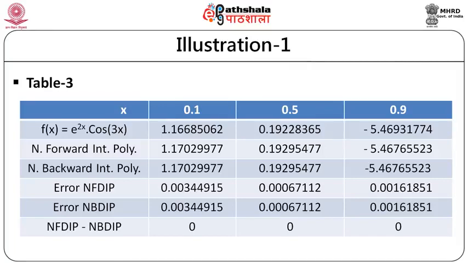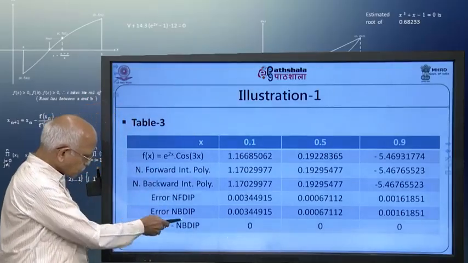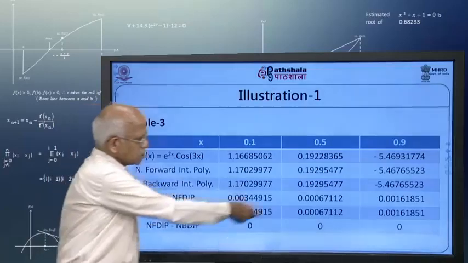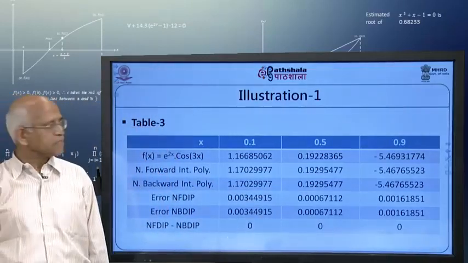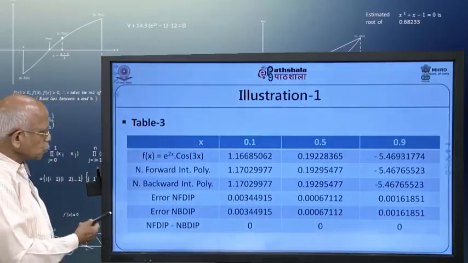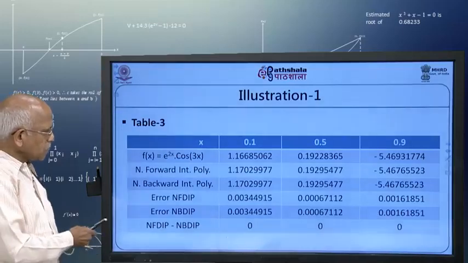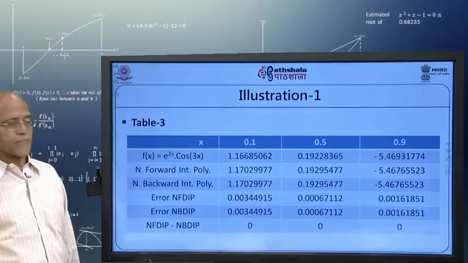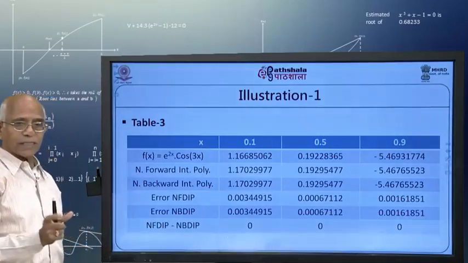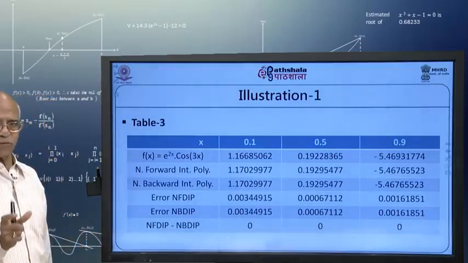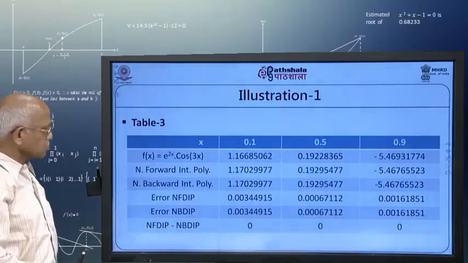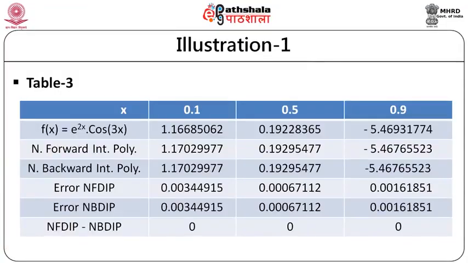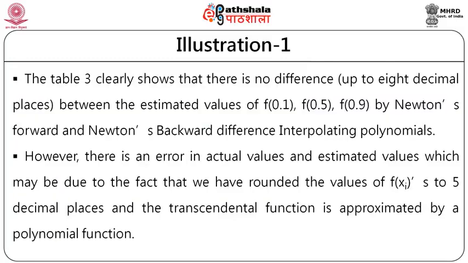The difference between these two estimated values is 0. So, this illustration shows that even if we are taking 8 digit approximation here, you do not get any difference between the values estimated by the forward difference or backward difference interpolation formula, and your estimated values are quite close to the function values.